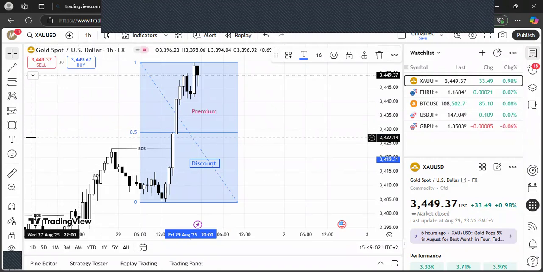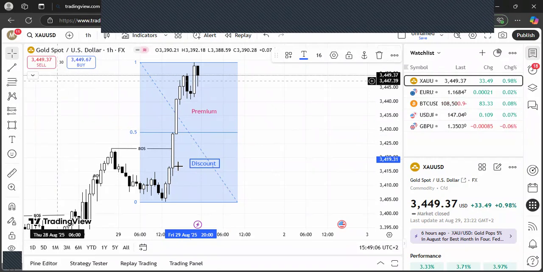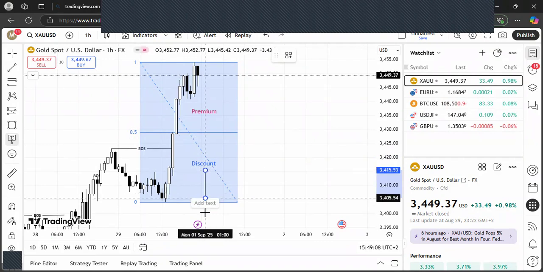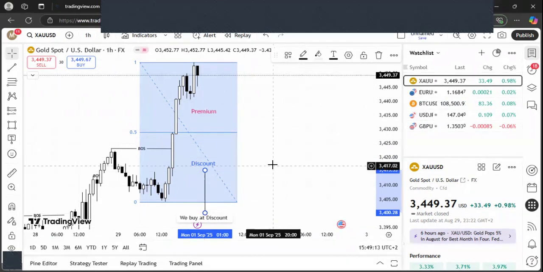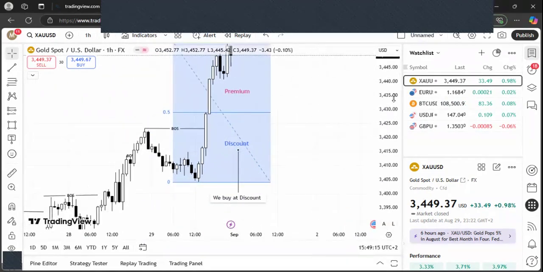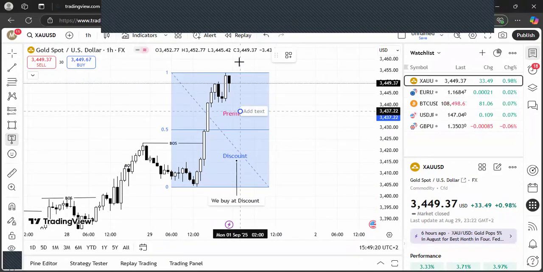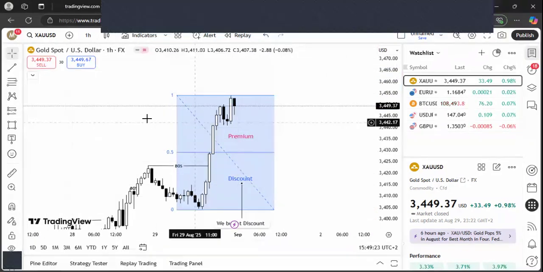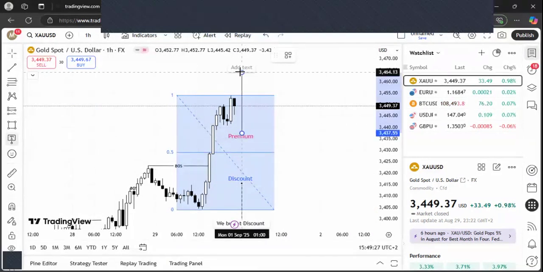And therefore, what do we do? We buy at discount. We always buy at discount, and we always sell at premium. Let me just indicate it real quick.